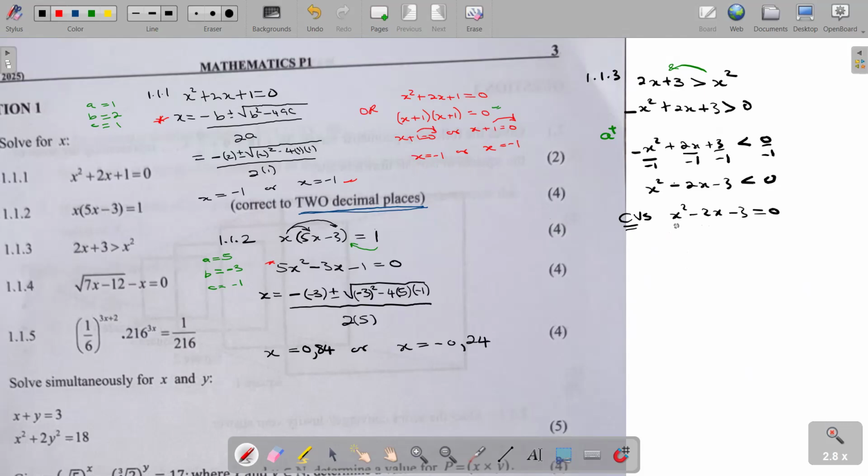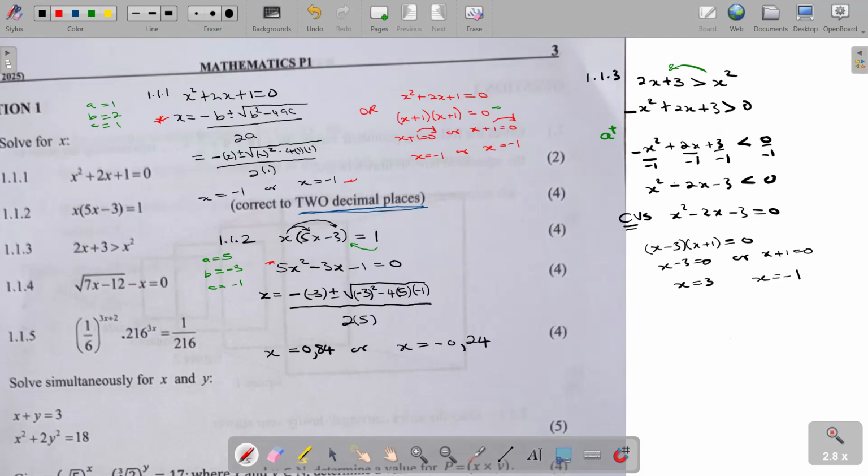If we use factorization, this becomes x minus 3, x plus 1 equated to 0. So x minus 3 equal to 0, or x plus 1 equal to 0. So our critical values are 3 and negative 1.